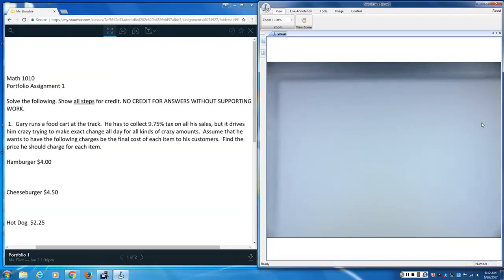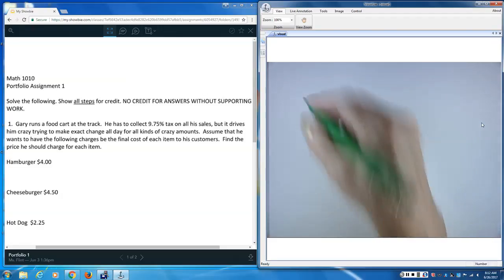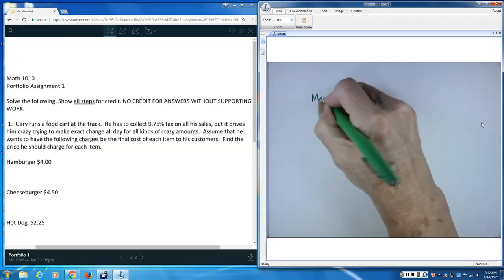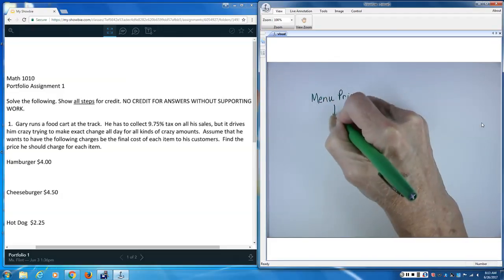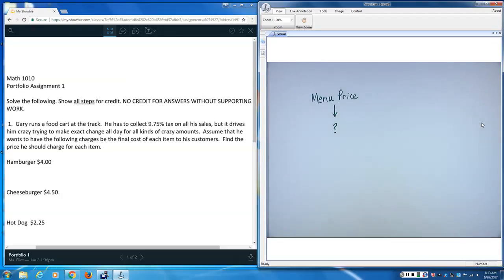Somehow this is very sideways. Okay, here's what happens. Gary's going to put a price on his menu. We don't know what that price is because it's asking us, what should he charge so that the final cost is $4 for that hamburger, including the tax?